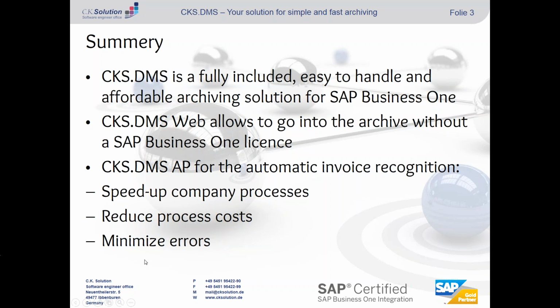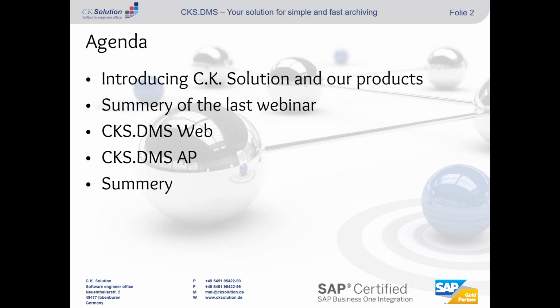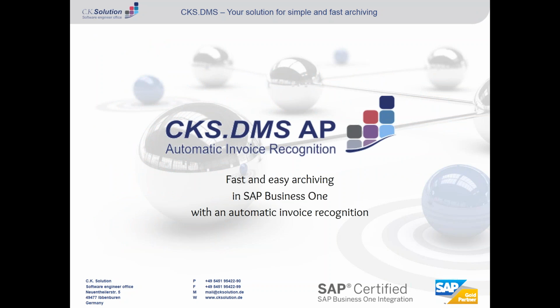This is also for minimizing errors, no manual handling here, and of course it reduces process costs because everyone goes a little bit faster and easier. Okay, that's about CKS DMS AP. Just to give you a short introduction, and so I will go back to you, Diane.